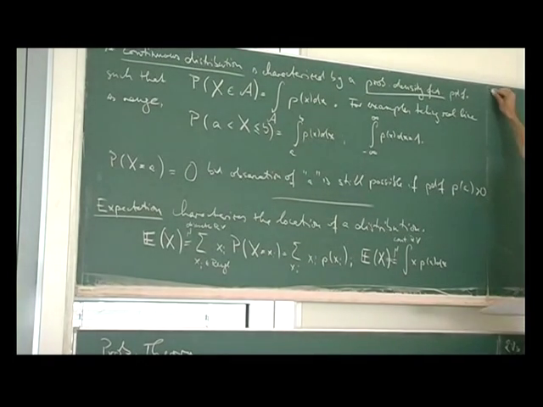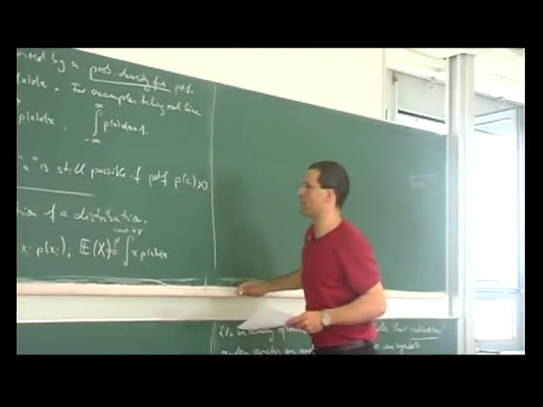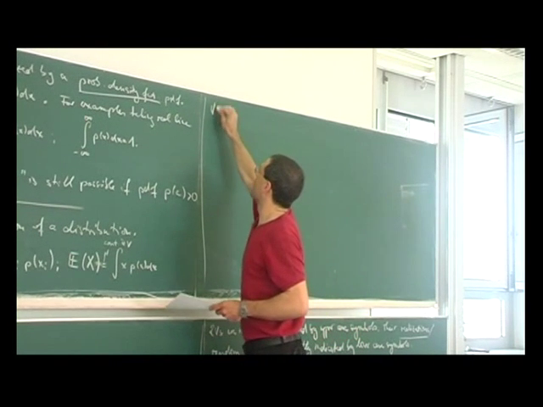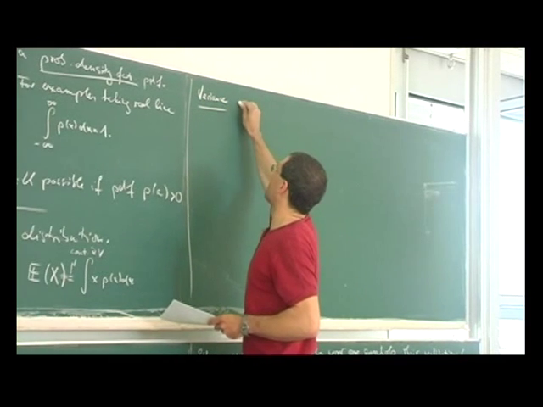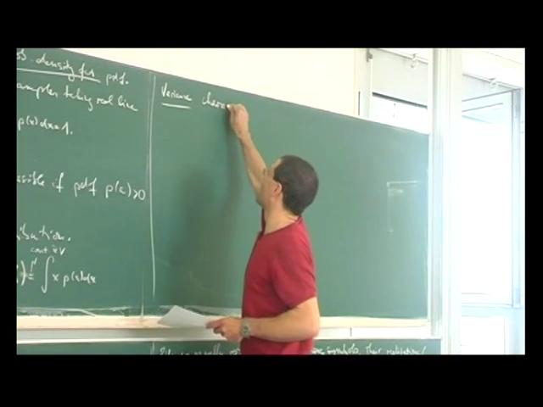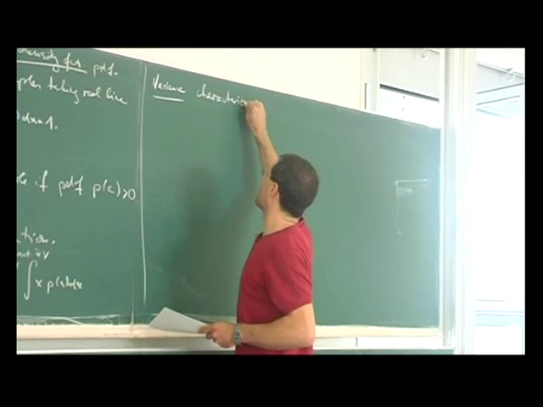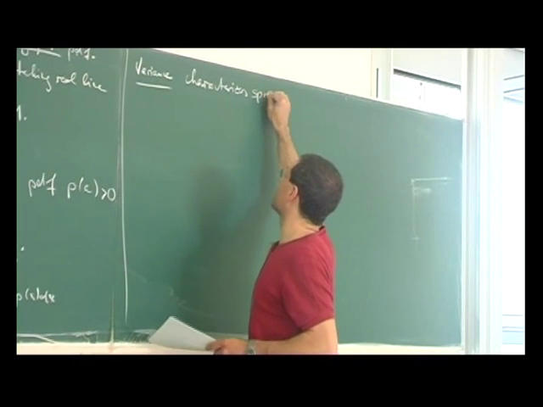The next higher moment is given by the variance, which characterizes the spread of a distribution.